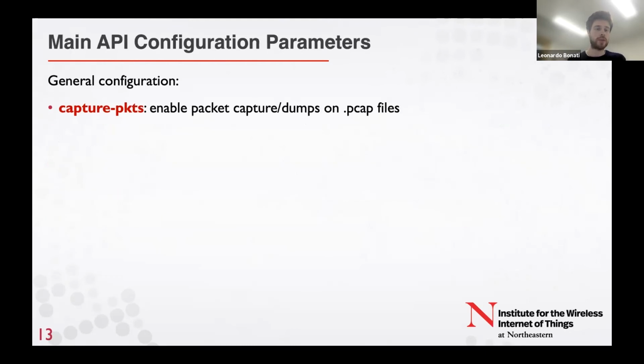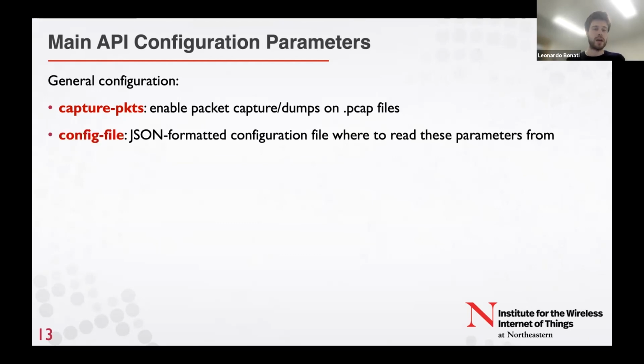And then we have a bunch of additional support files for Colosseum. About the radio configuration file, what you can specify in this JSON formatted file, and that is then parsed by scope in real time, is if you want to capture the packets going on between the radios. So this will be dumped in pcap files. And then you can specify the configuration file, so you give the script a configuration file to parse with all the parameters.